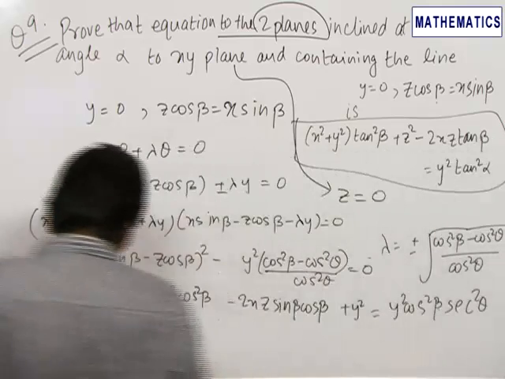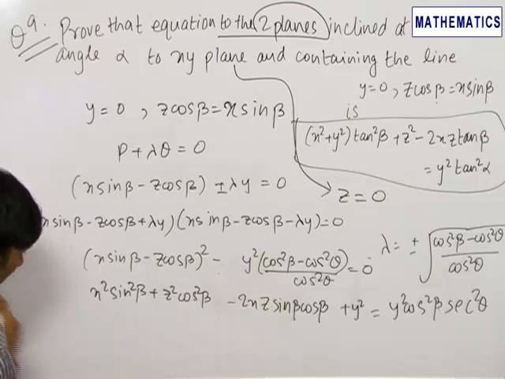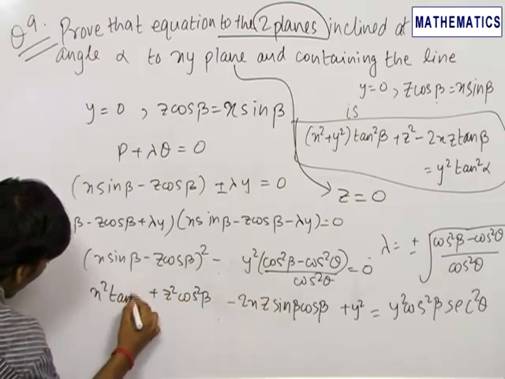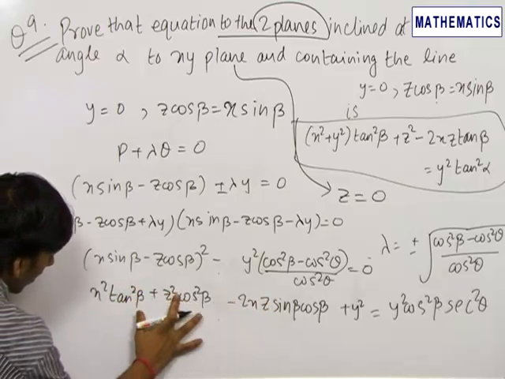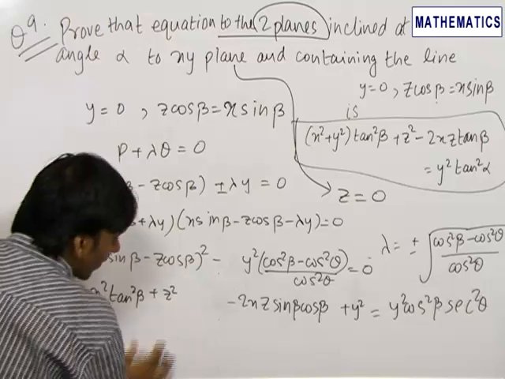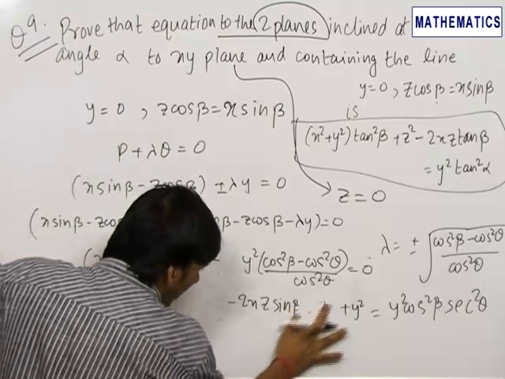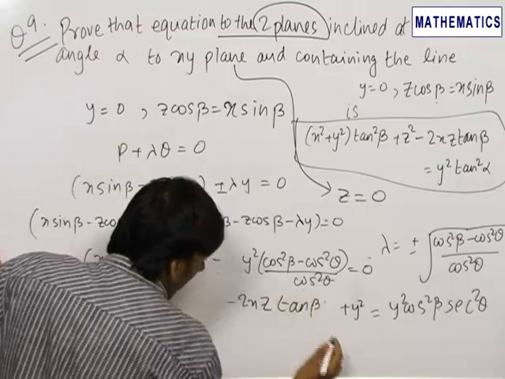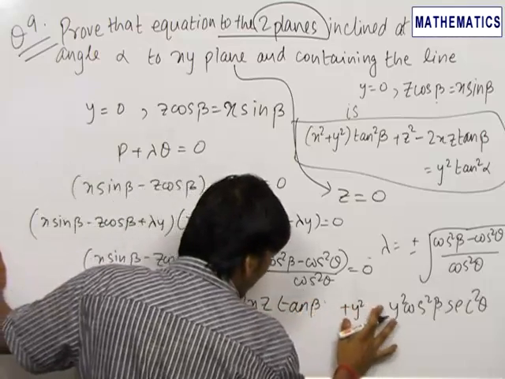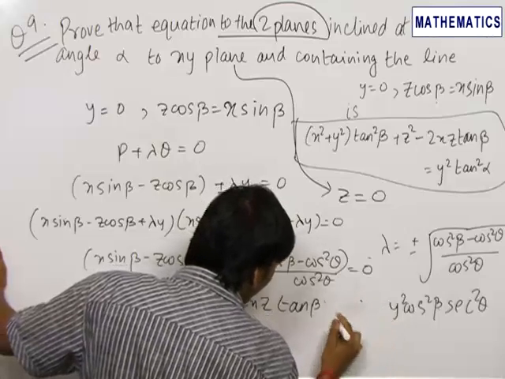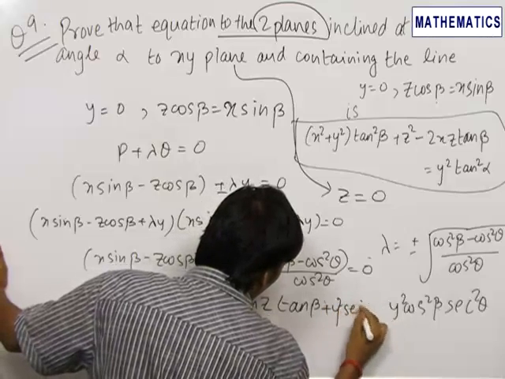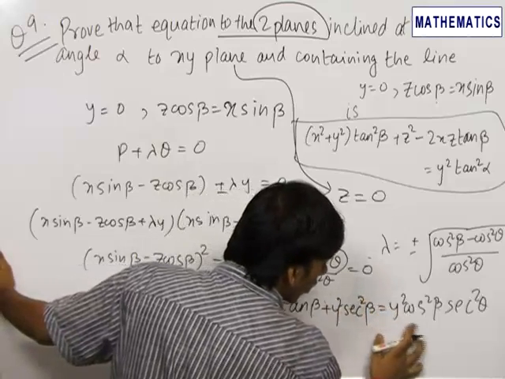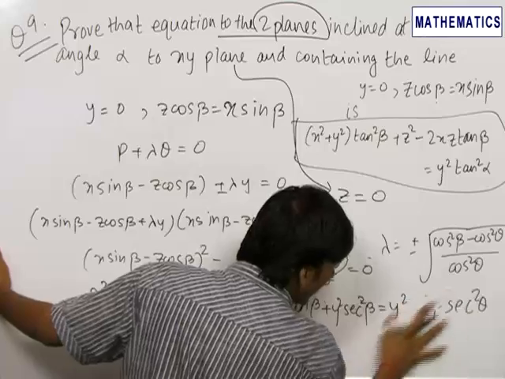Now on dividing the whole equation by cos square beta we get tan square beta over here, we get z square over here, and we get tan beta over here, and sec square beta over here plus y square into sec square beta. This will be equal to y square into sec square theta.